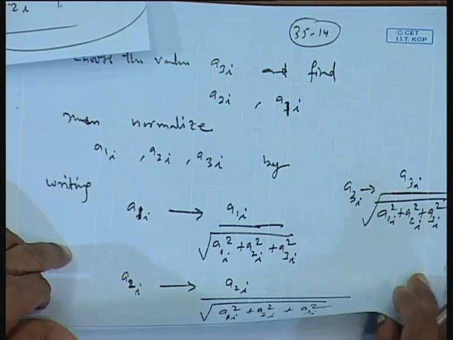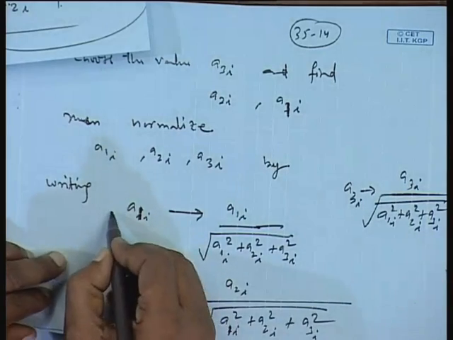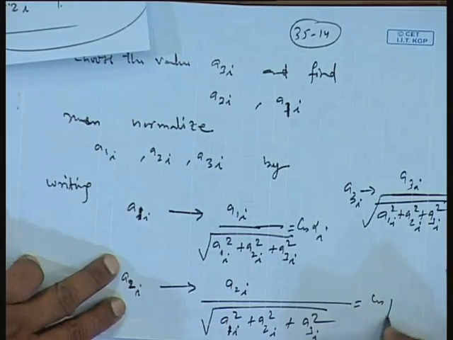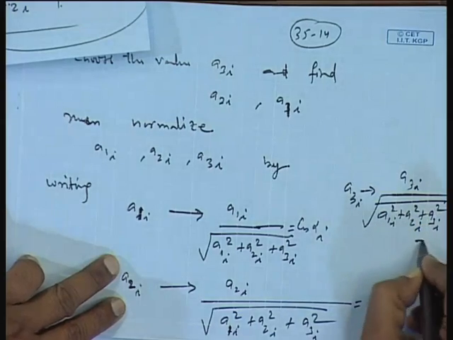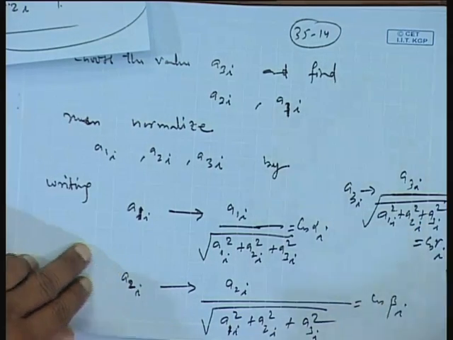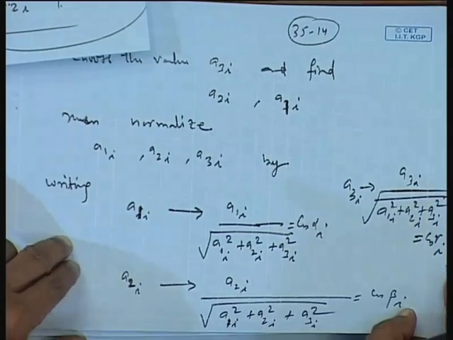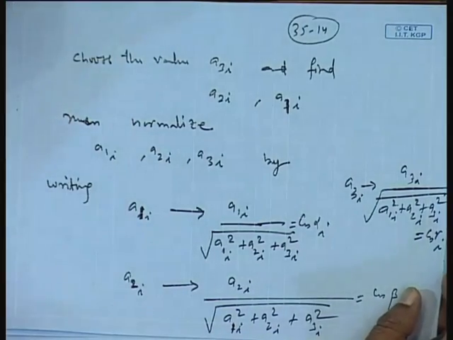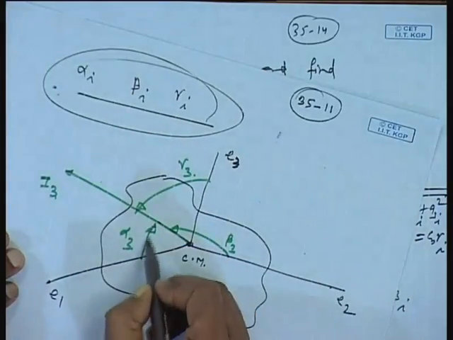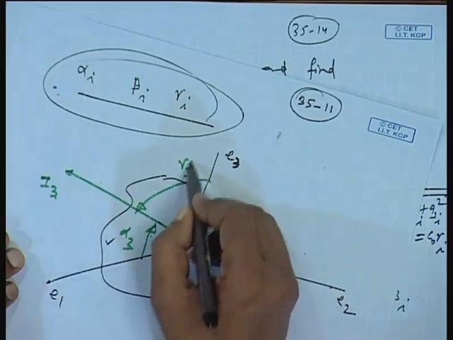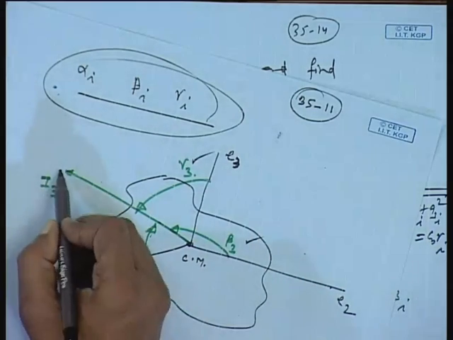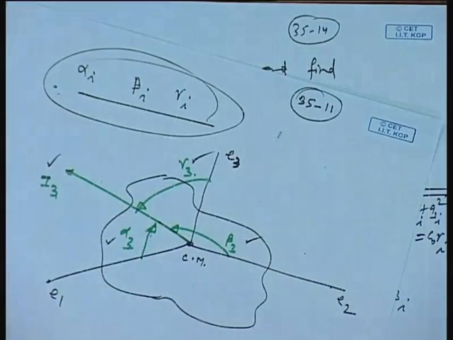So, these three quantities are nothing but your cosine quantities, cos alpha i, cos beta i, and this quantity is cos gamma i. So, once these values are known, it means these three angles get located. So, this way you have located one principal direction, the I3.